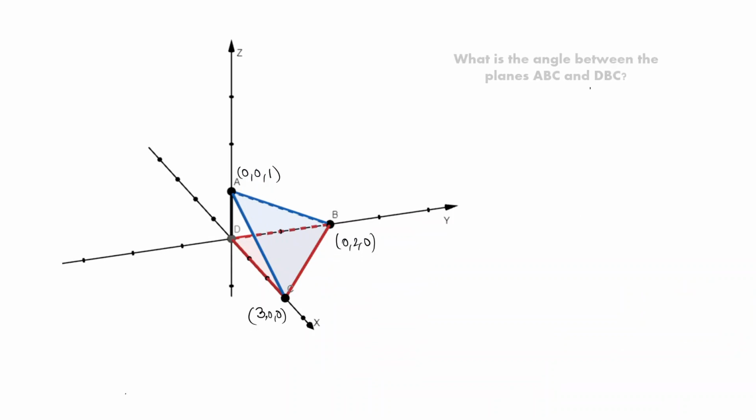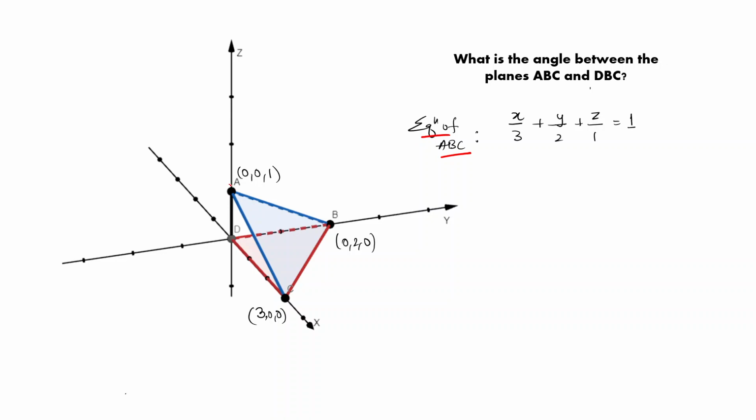You can use some pretty shortcut tricks, something like the equation of ABC. If you are looking at this plane ABC, it has an x intercept of 3, a y intercept of 2, and a z intercept of 1. So you can write the equation of the plane like this, and then from there you can extract the normal to the plane, and you can think about plane DBC now.